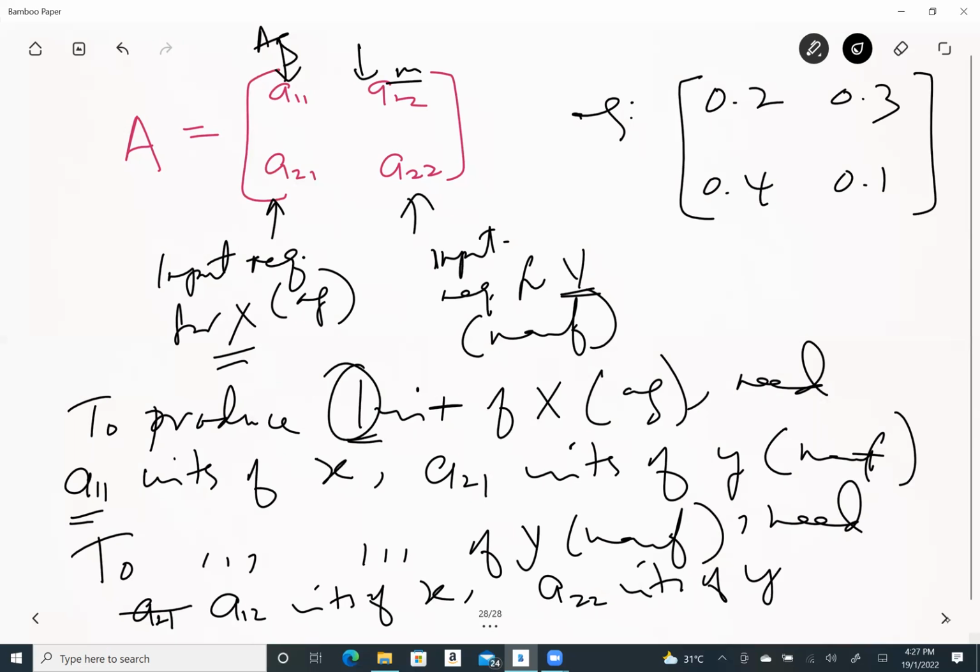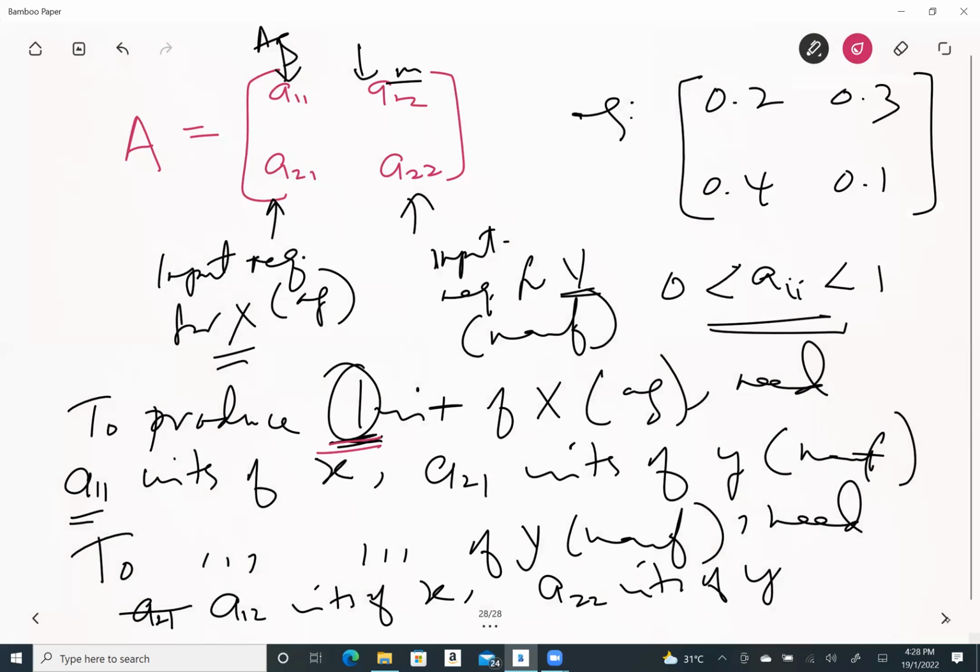So the value of A11 must be between 0 and 1. It cannot be more than 1 because this is per unit.